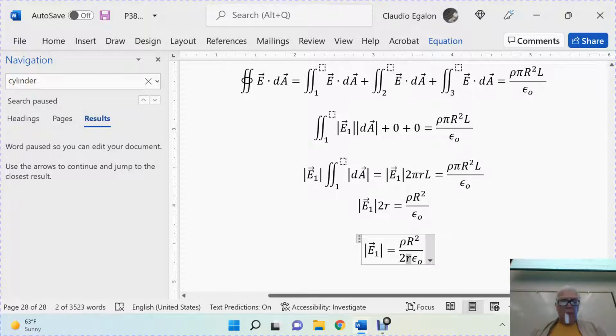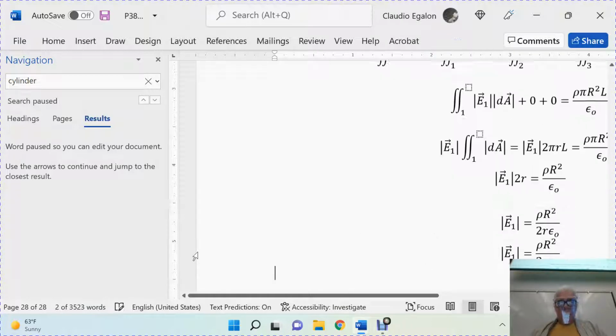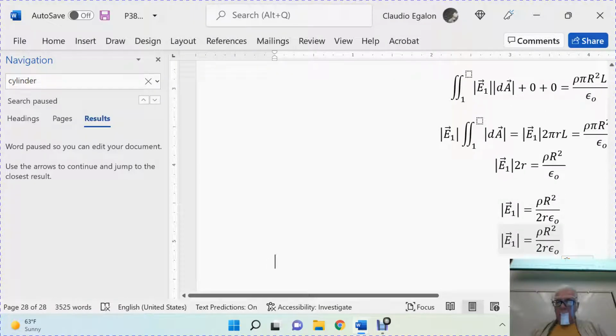If we write that in vector format, we can do that. And now I'm going to drop this subscript because we don't need that anymore.